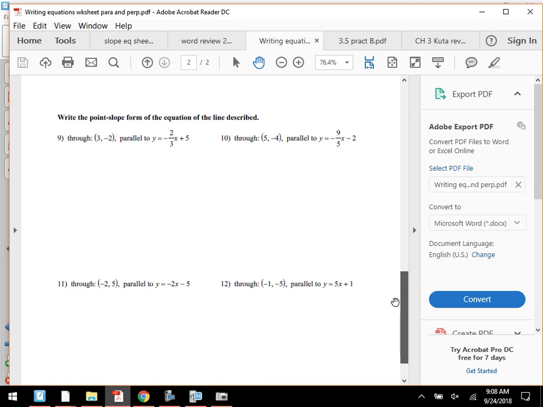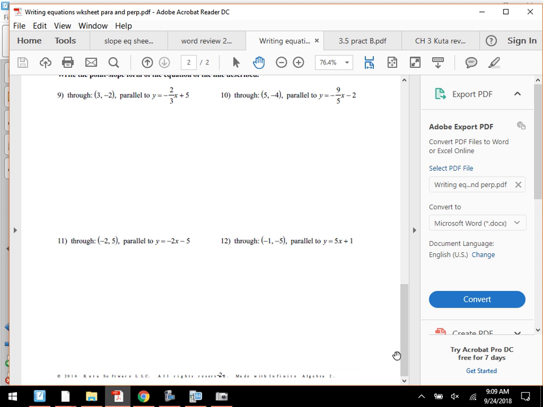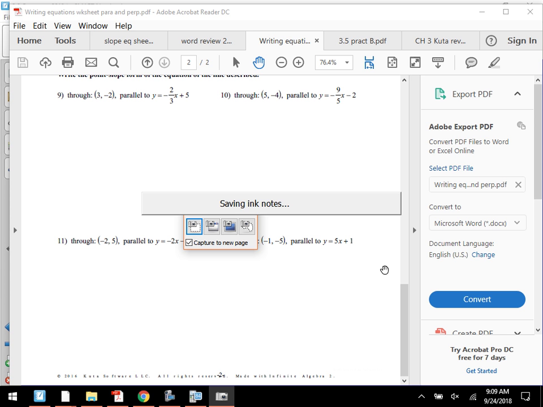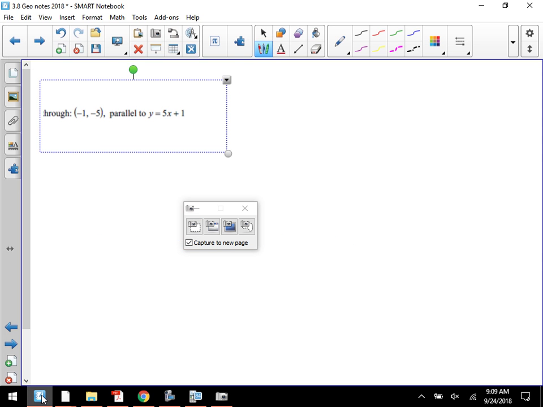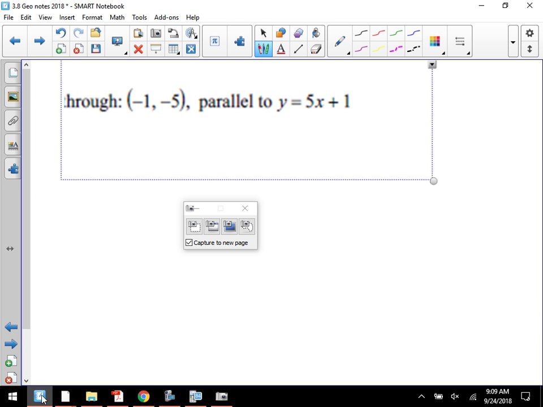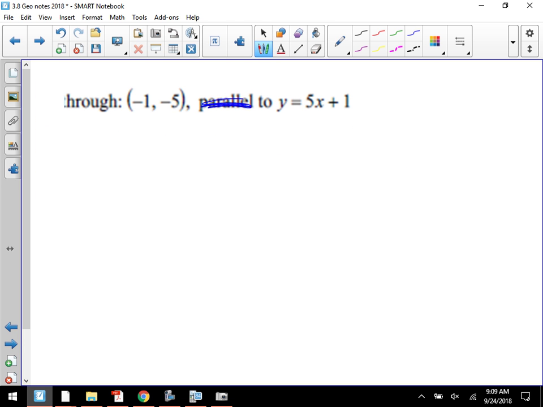These all parallel, one perpendicular. I just changed that perpendicular.